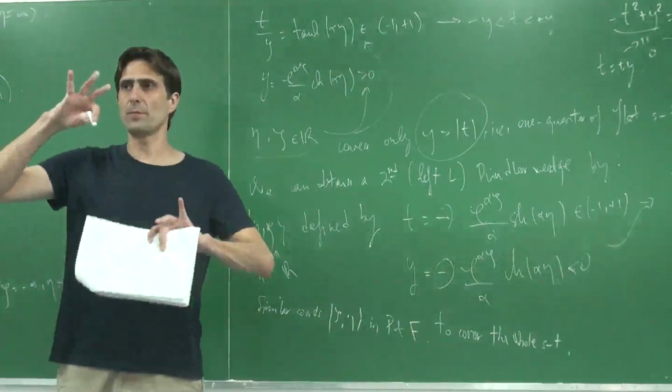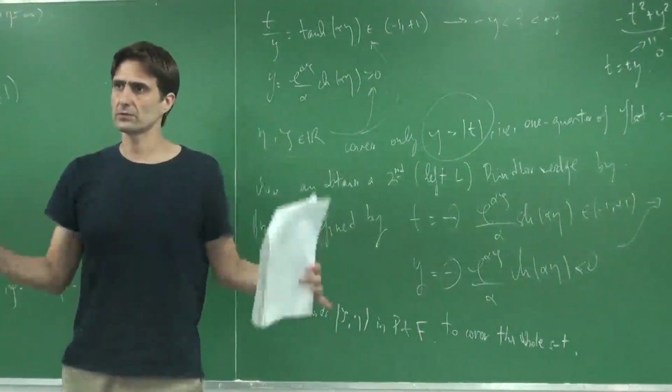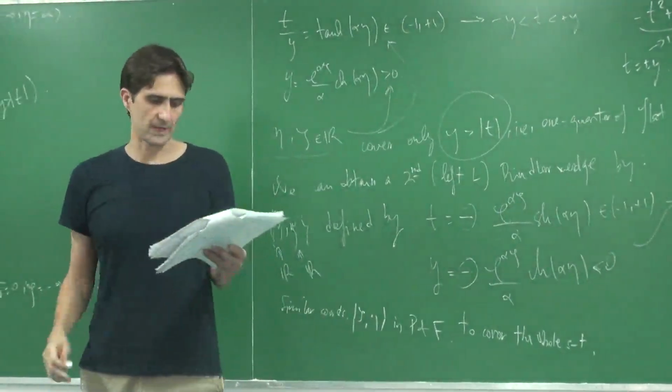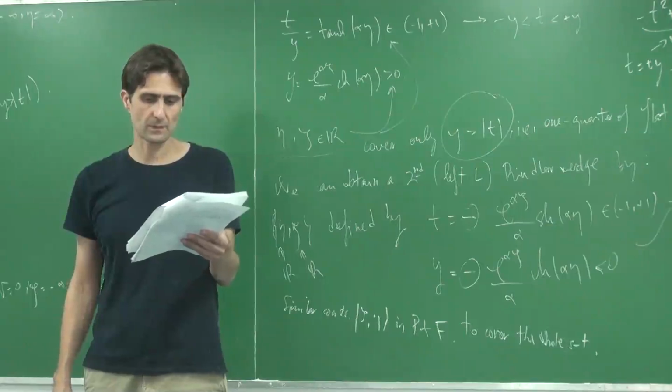So you need 4 patches of zeta and eta coordinates in order to cover the full flat space-time.